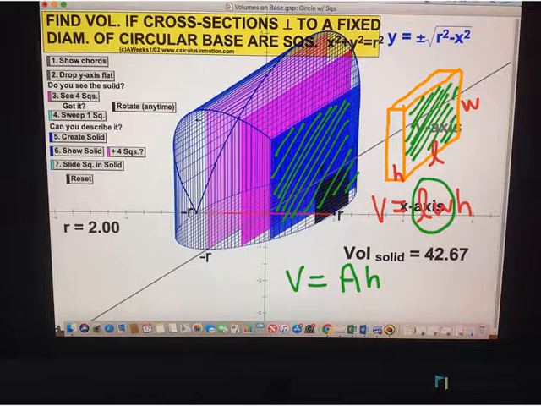We'll begin by thinking about the base of our solid. It is a circle centered at the origin with a radius of 2 units. And we're taking cross-sections that are perpendicular to the x-axis, and each cross-section is a square. So we're going to start at the left end of our circular base at x equals -2, and go all the way to the right end of our circular base at x equals positive 2.